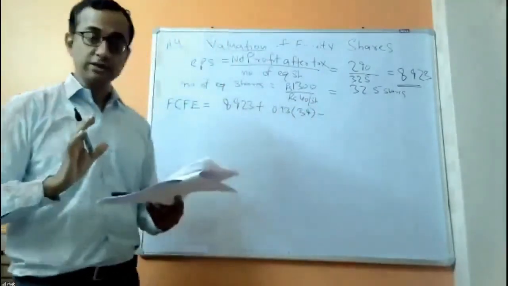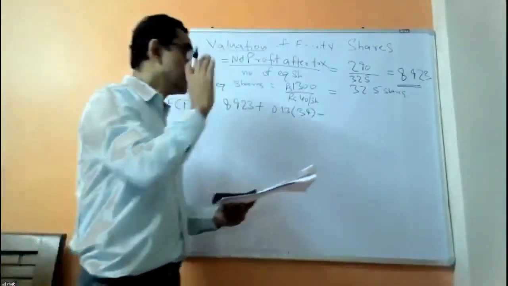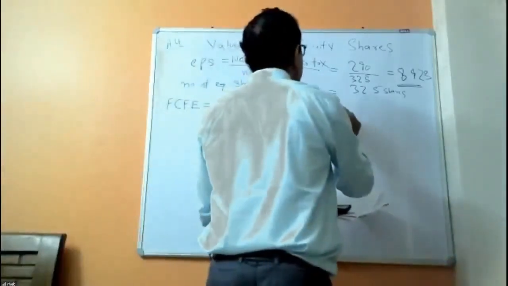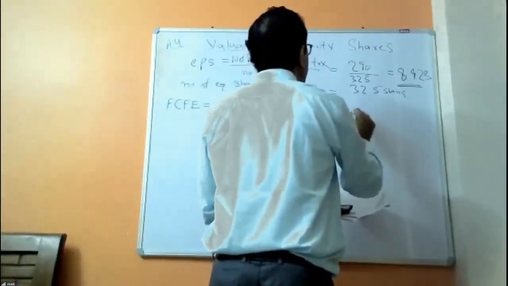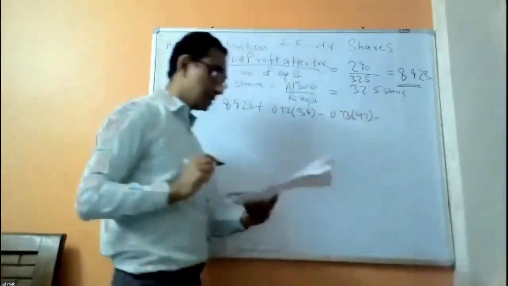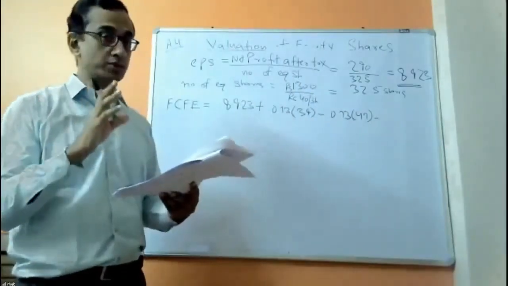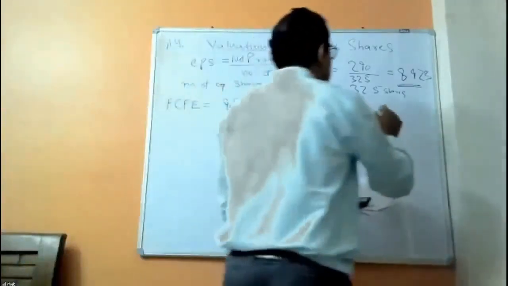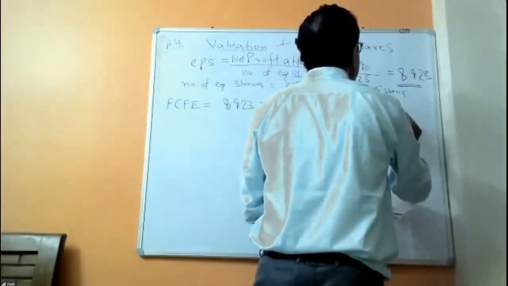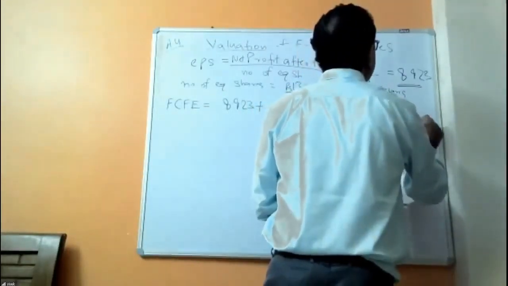And any capital expenditure has to be deducted. Capital expenditure given in the question is 47. This also has to be calculated in proportion to the equity. Again, the change in net working capital is given. This again has to be calculated in proportion to equity. So 0.73 multiplied by 3.45.